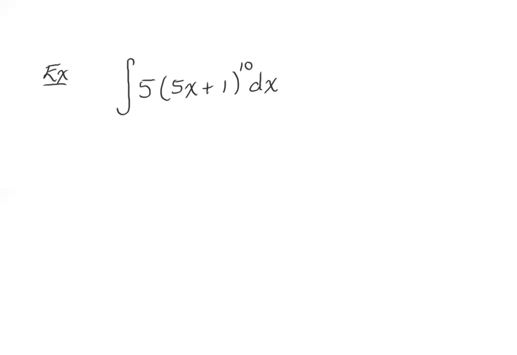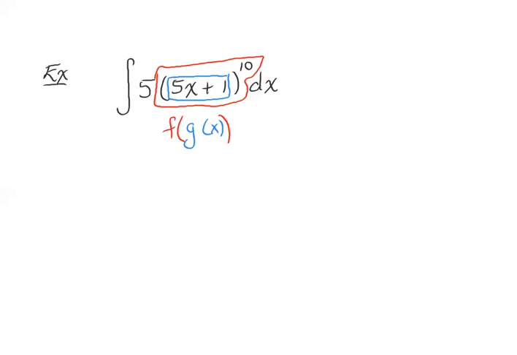So let's recognize that this is a composition. This I could write as f of g of x, where that g of x portion is what is inside the power of 10. Okay?